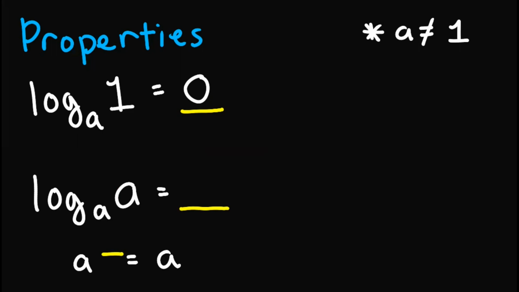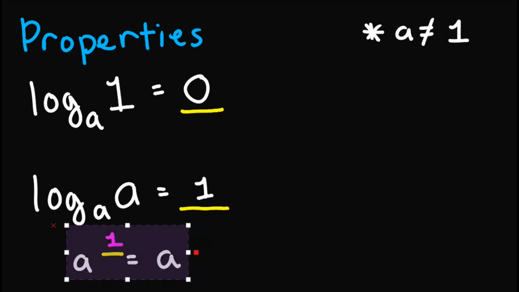For this to be true, the only possible case is if this one is 1, since a raised to 1 is equal to a. Again, provided that a is not equal to 1.